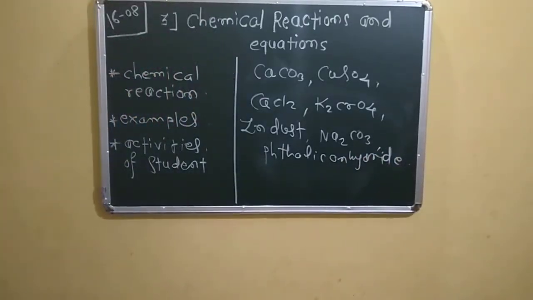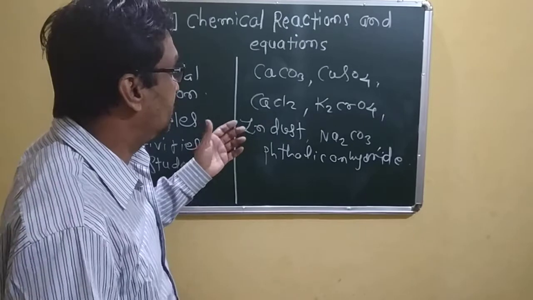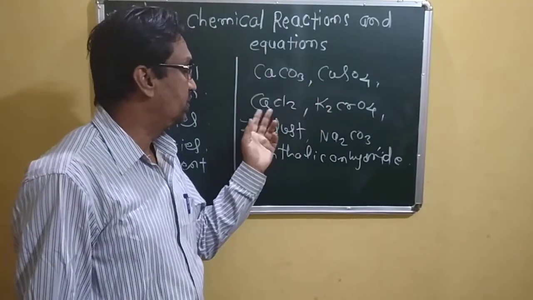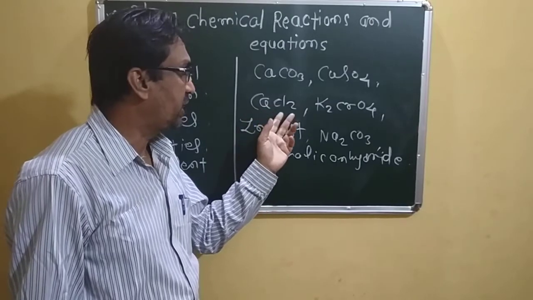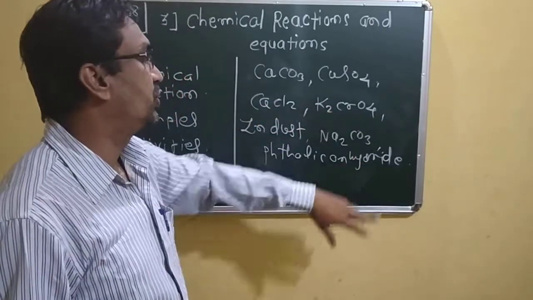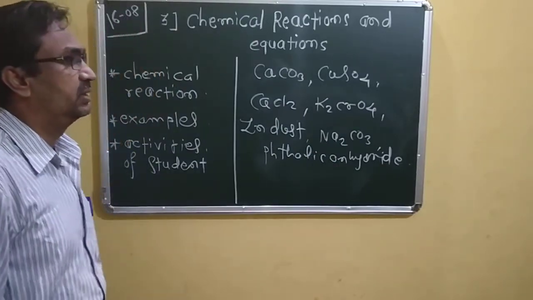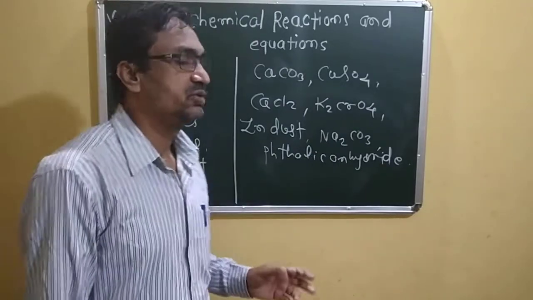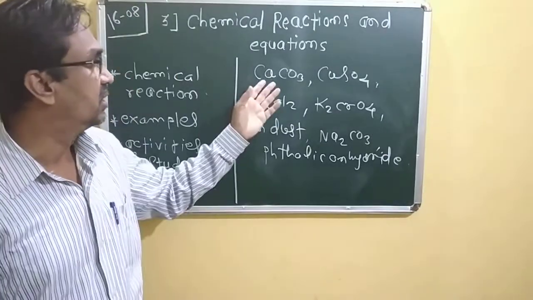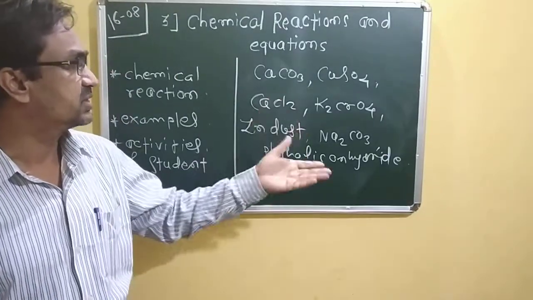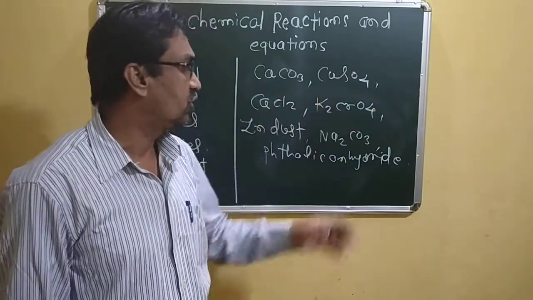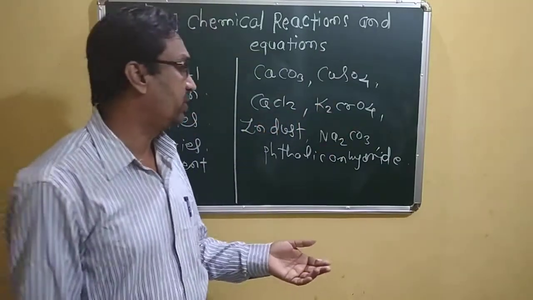These are the chemicals. I have written these chemical formulas for calcium carbonate, copper sulfate, calcium chloride, potassium chromate, zinc dust, sodium carbonate, and phthalic anhydride. There are some chemicals which are not in our laboratory, and in everyday life we cannot find those things. Calcium carbonate, copper sulfate, calcium chloride, potassium chromate may be in our laboratory.